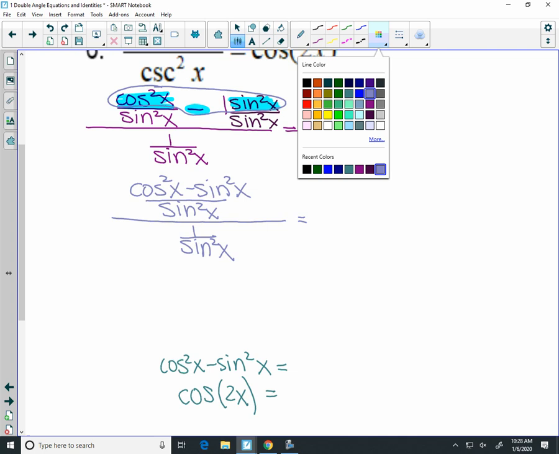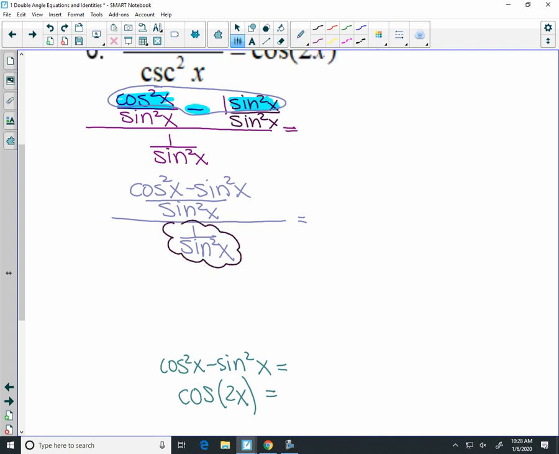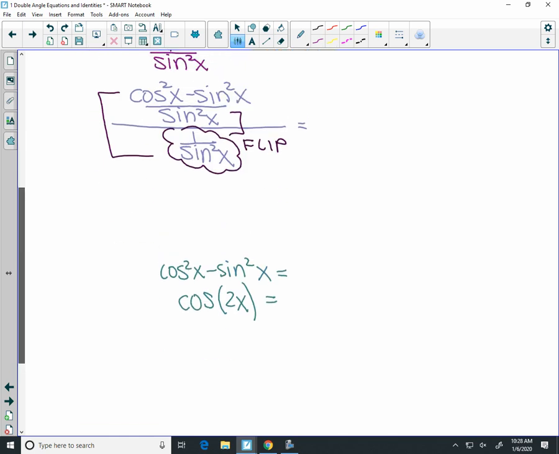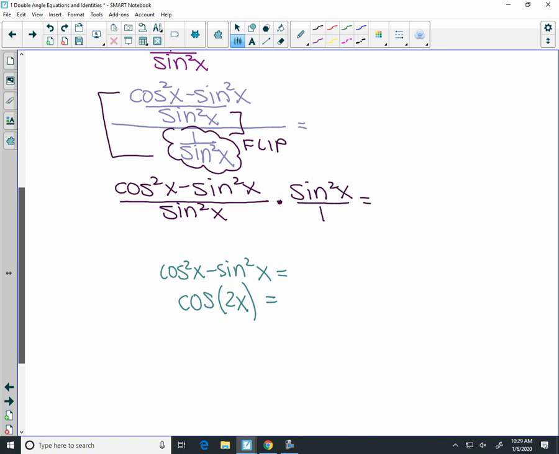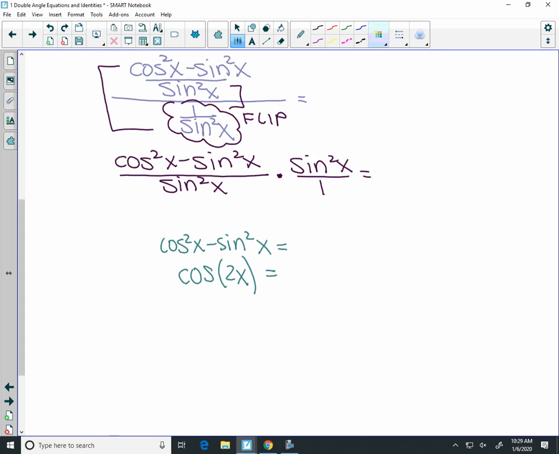And then however you make these signs cancel, a lot of you like this flip. Some of you like this grouping situation. I'll write the flip because that's what most of you, I think, like. And then you fill in your blanks. You got it.